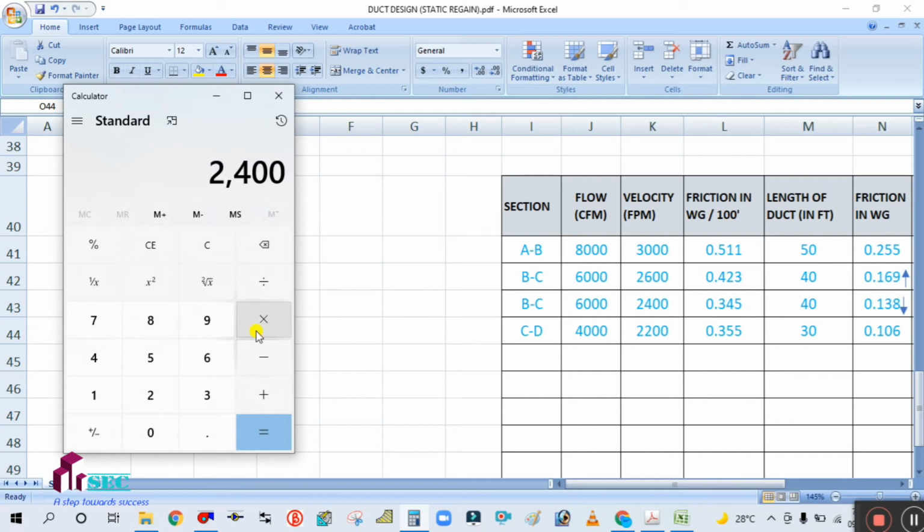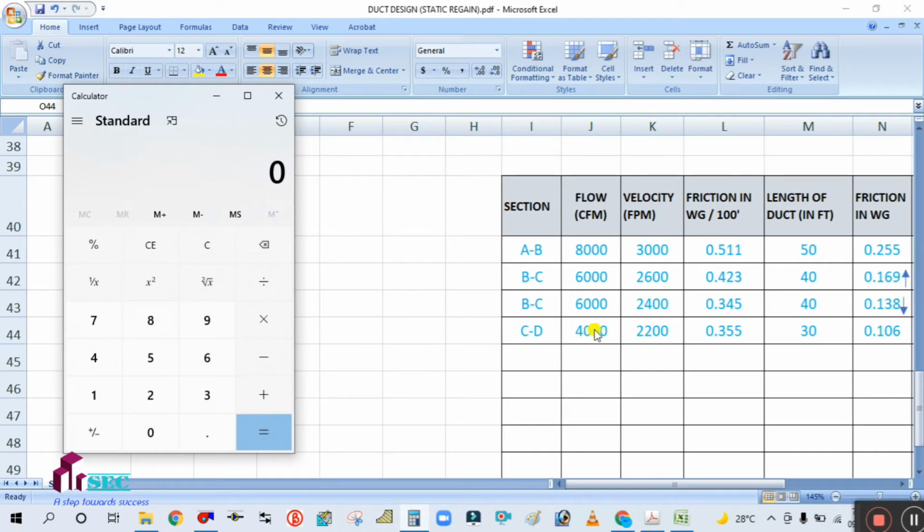Okay, so 2400 divided by 4000, so 0.6 whole square, that means you have to multiply 0.6 by 0.6. So 0.36. Okay, so remember this value.